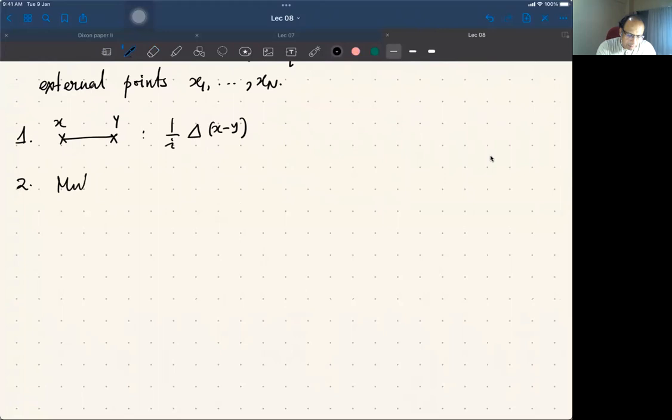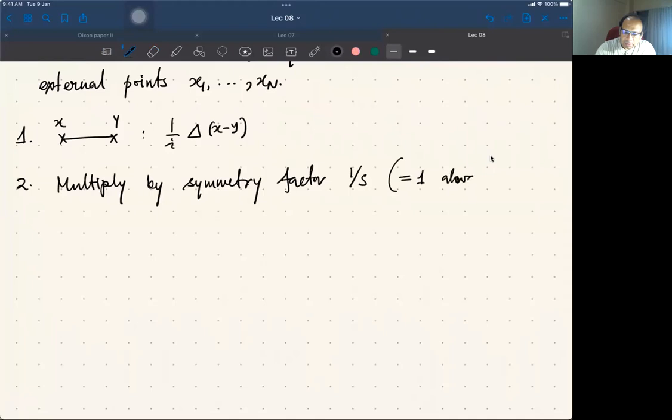And multiply by symmetry factor 1 over S. This is equal to 1 always. We just saw that in free theory.